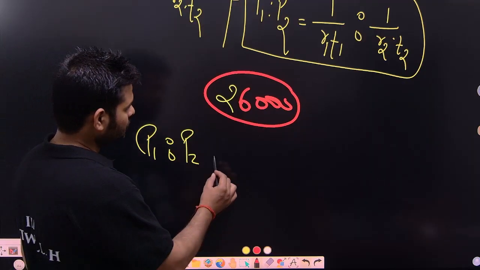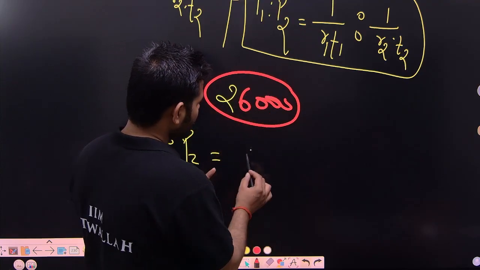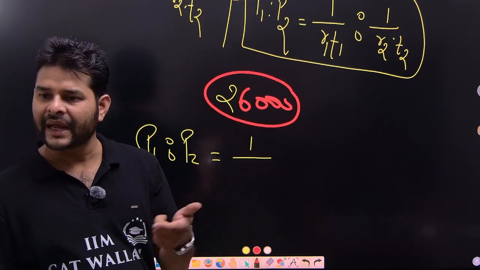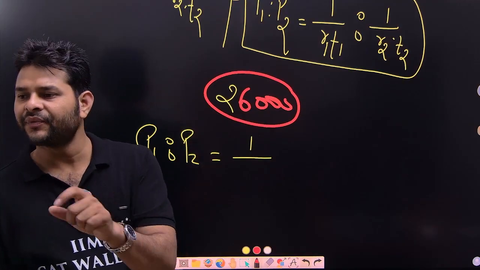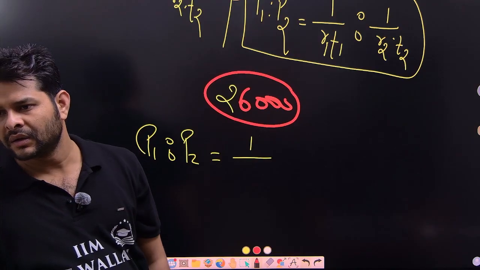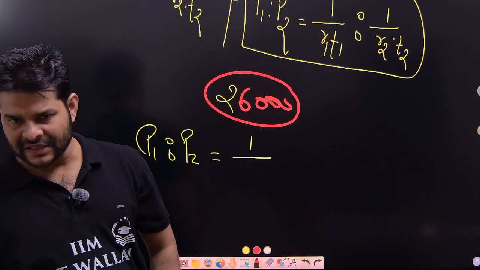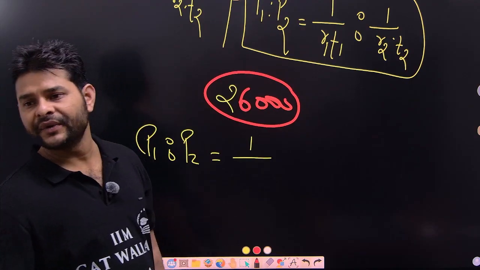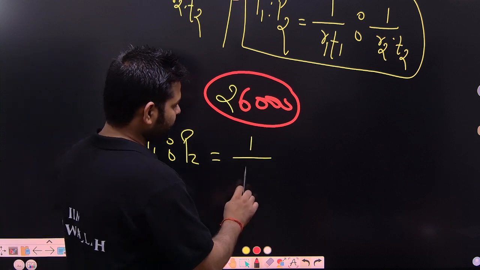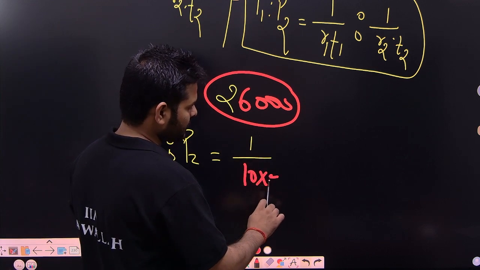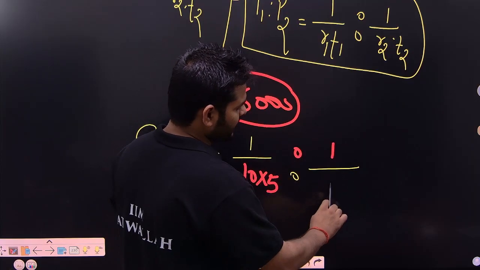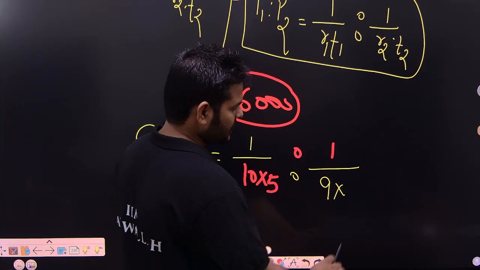What will I do? 1 upon R1, the first rate of interest, and time. The first part of the principal is given for 5 years, with a rate of interest of 10. So basically rate of interest 10 and 5 years. And the second part has been given at 9% for 6 years.